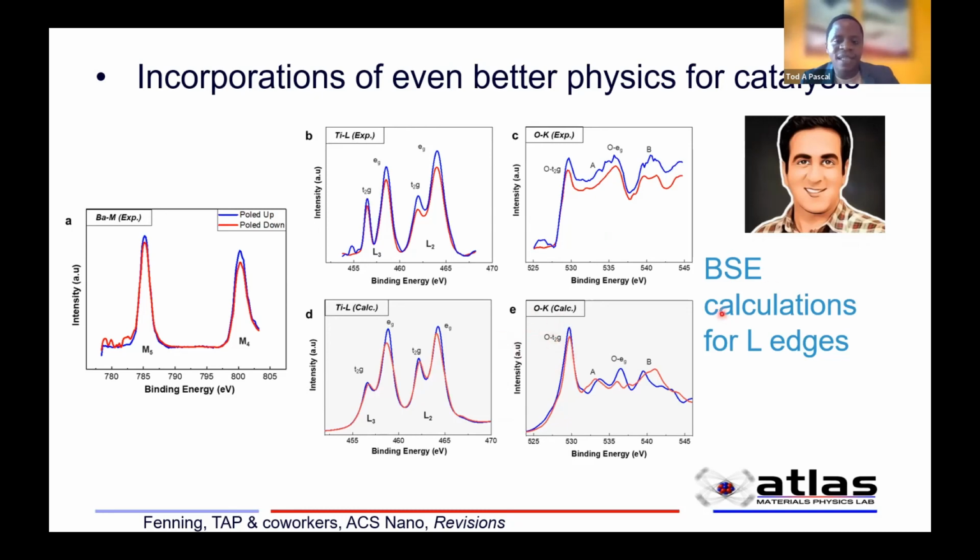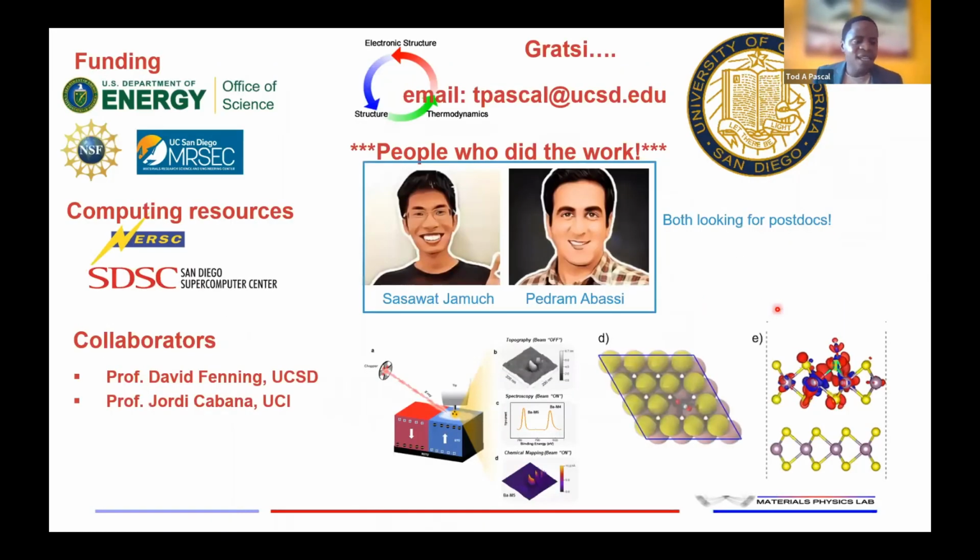Combining this with our DFT calculations showing that we get modulation in the binding of these intermediates opens up the door for us to potentially use this resonant catalysis approach to start engineering new interfaces and new surfaces that can selectively bind different intermediates and overall accelerate our CO2 reduction reaction. So that is to come. We have some really exciting work showing that this actually works, but I'm way over time, so I'll stop here.